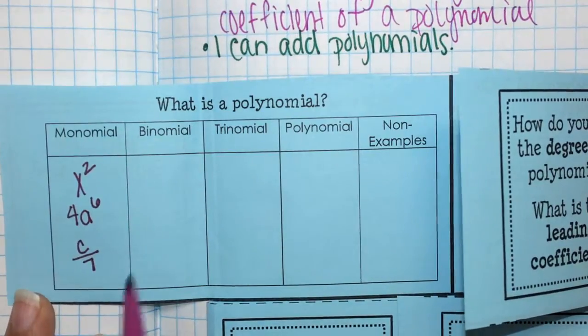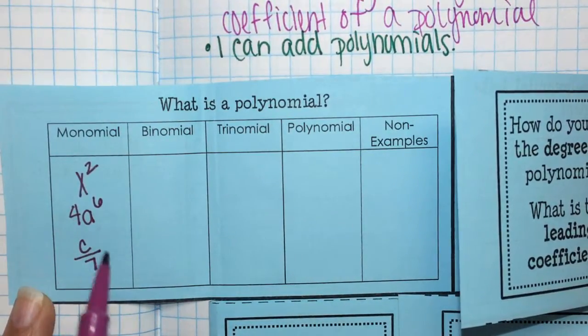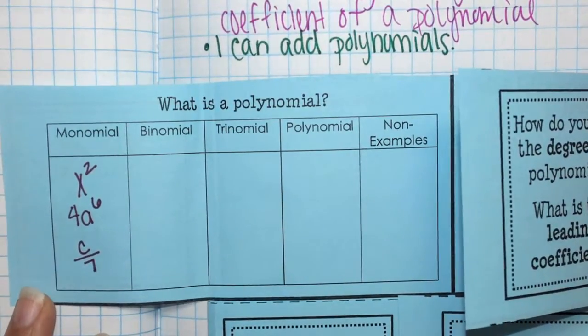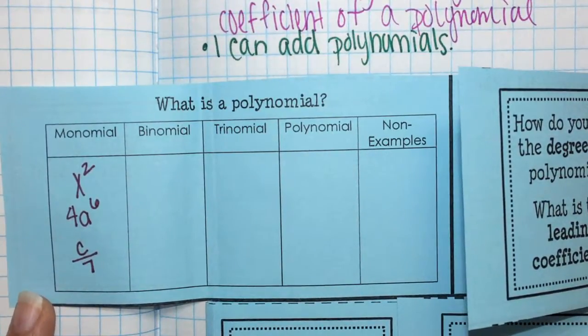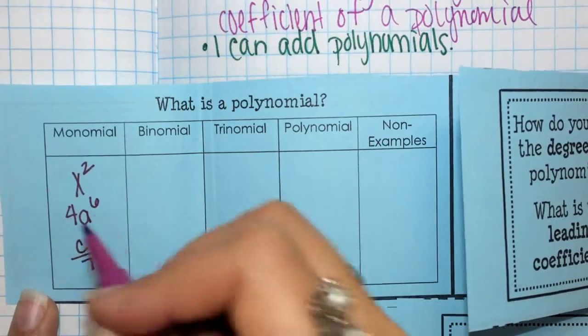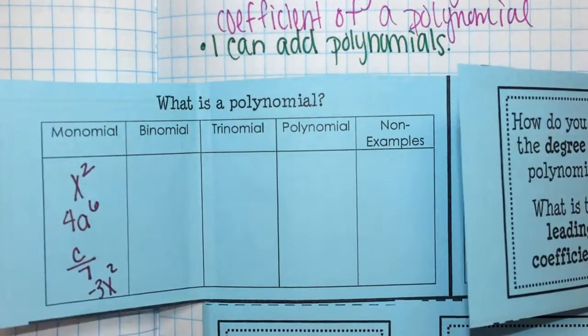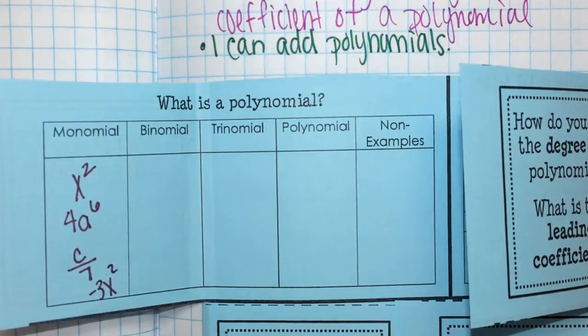Remember, they're separated by a plus or minus sign, and you don't have that here, so that's one term. And then this is division, so that's one term. Like if it said negative 3x squared, that would be a monomial because it's still one term, right?